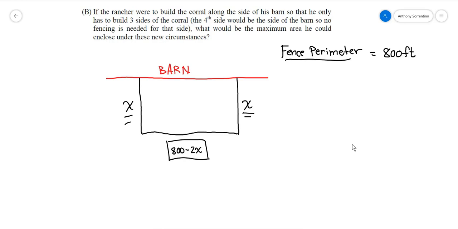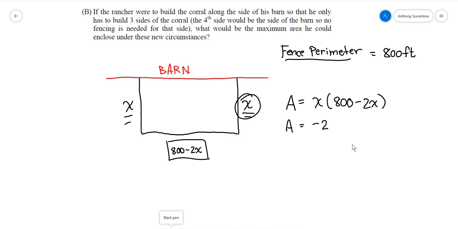And so my area for this is going to be, well, this is the one dimension, this is the other dimension, so it's going to be x times 800 minus 2x. And so now when I carry through the multiplication and expand it, I'm going to have negative 2x squared plus 800x.